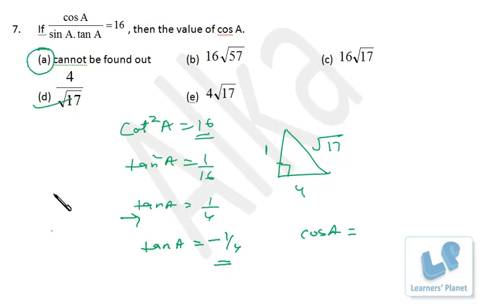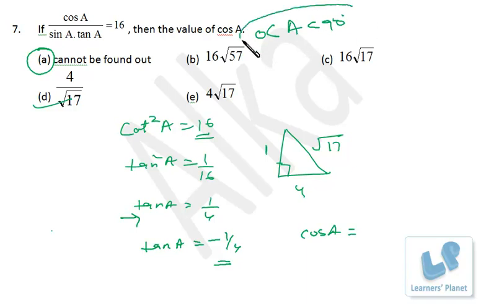If you directly do it without thinking, just tan square is 1 by 16 and tan is 1 by 4, then you'll end up marking a single answer, but that won't be right. So the correct answer actually cannot be found out, because you have two values of cos A, that's 4 by root 17 and minus 4 by root 17. If it is given that A is in the first quadrant or A is in the second quadrant, then you can clearly mark the value.